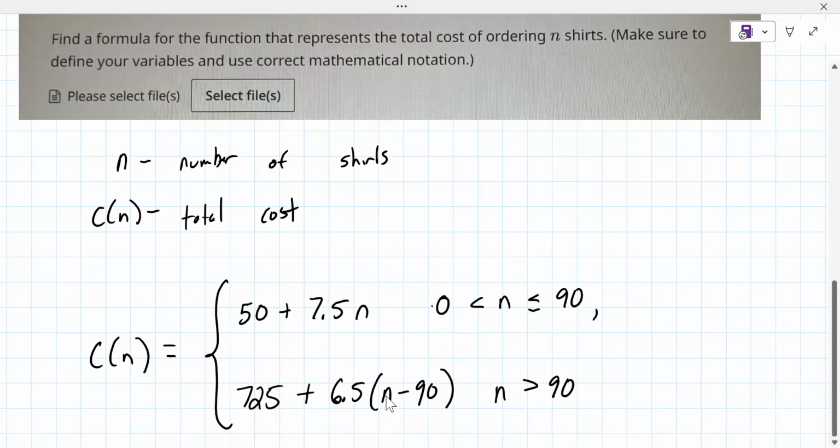You want 91 shirts. Well, you're only getting that one shirt over 90 at $6.50. Okay. All right, so that is everything for part B. I guess we can move on to question 2.